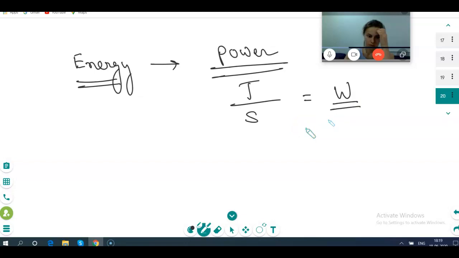Please understand, the basic unit is joule per second. If you go further, you can divide force times displacement by time. What exactly does power mean here? If I say I have more power compared to B, what does it mean? It is not capacity.